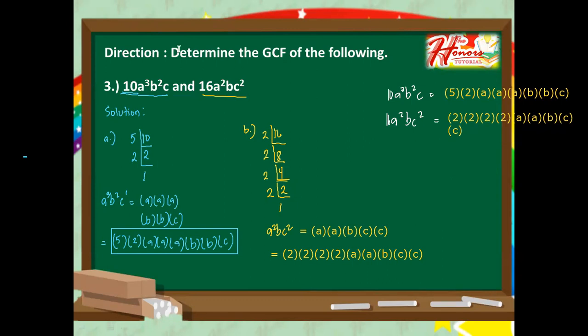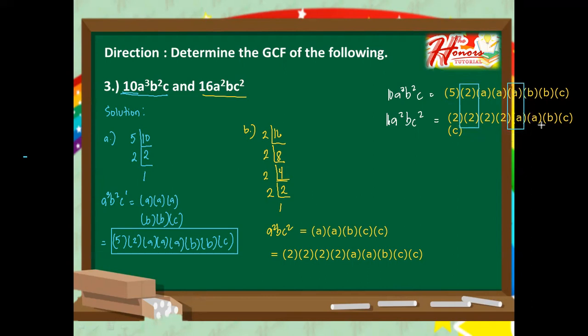Now let's look for the partners. Let's have another color. 5 and 2, no, because they are different numbers. 2 and 2, yes. Okay, good choice. A and 2, no. A and 2, no. A and A, yes. It's a good choice from here.